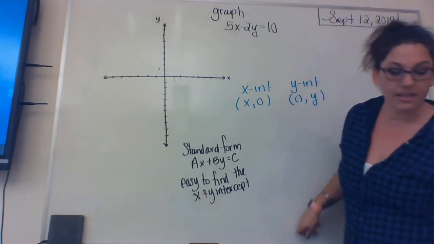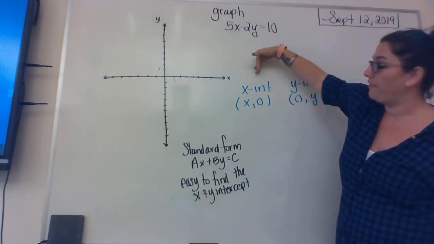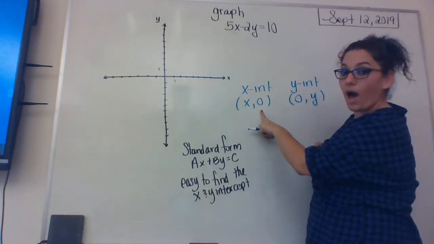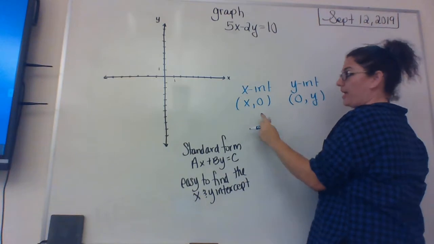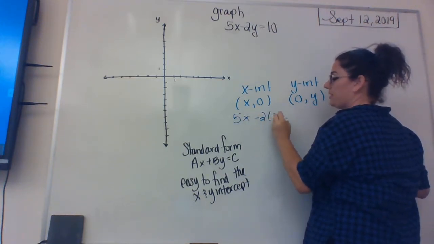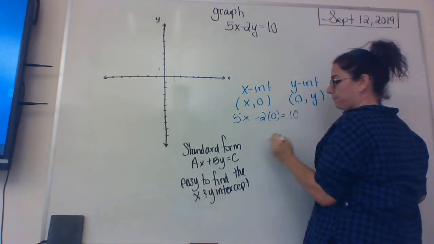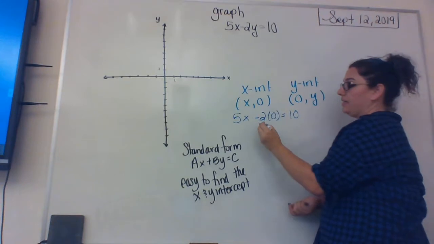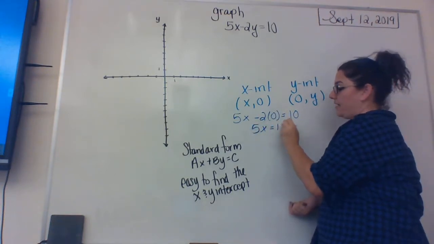We're going to use our equation up here, and we're going to find the x-intercept first. So the x-intercept says replace y with 0. Okay, no problem. So I get 5x minus 2 times 0 equals 10. That term completely goes away because anything times 0 is 0. So I get 5x equals 10.